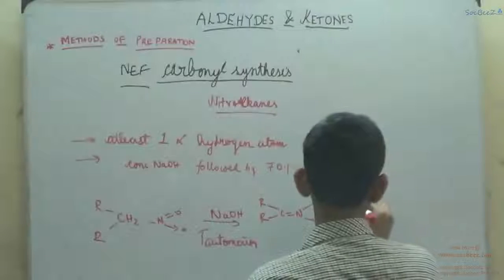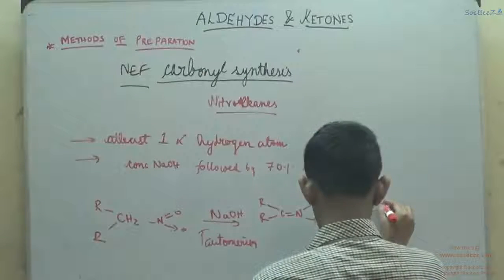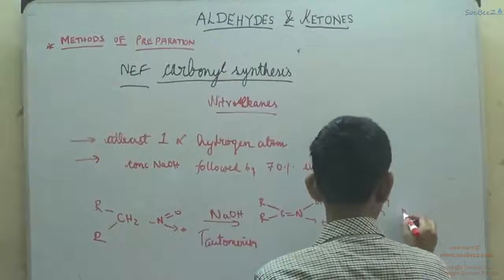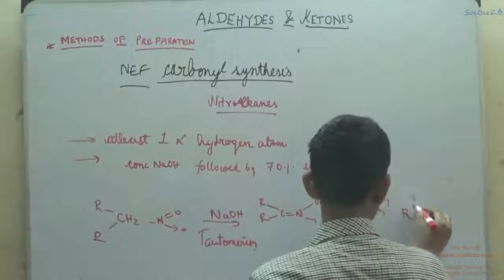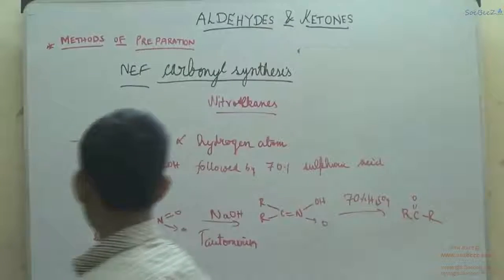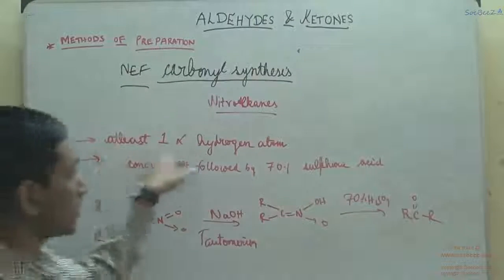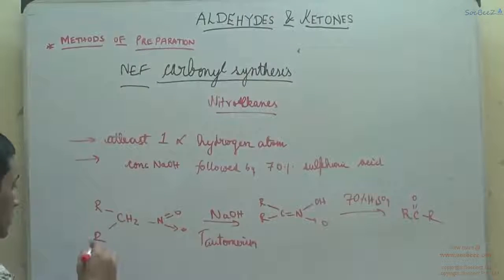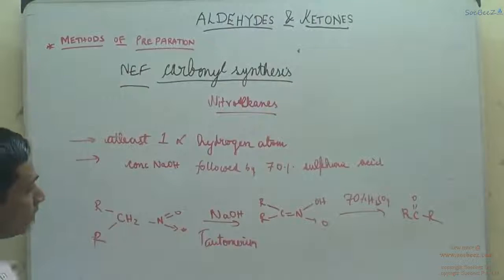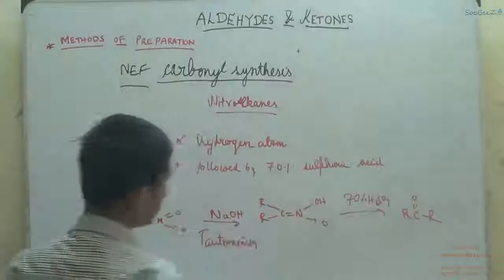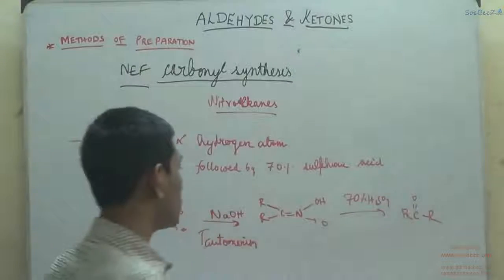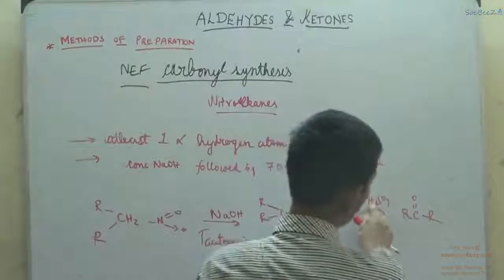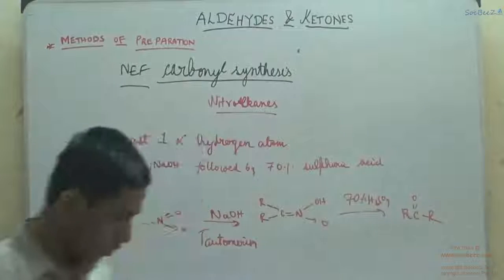And then if you treat with 70% H2SO4, you get R C double bond O R. So the nitroalkane needs at least one alpha hydrogen. One alpha hydrogen is there here, and if you treat with NaOH in basic medium, tautomerism, and then 70% H2SO4, you get your ketone.